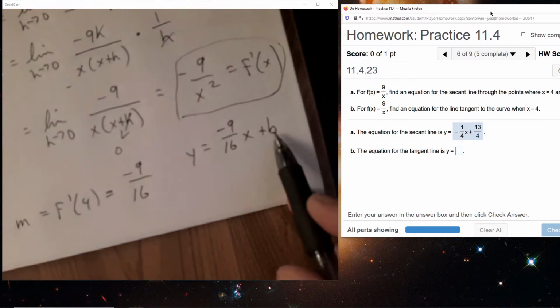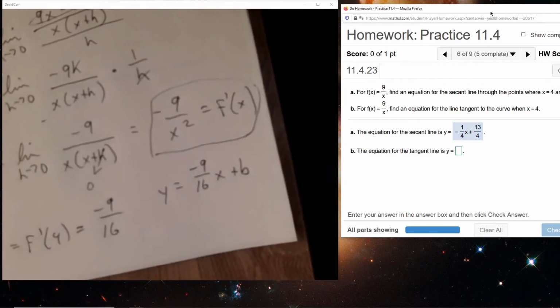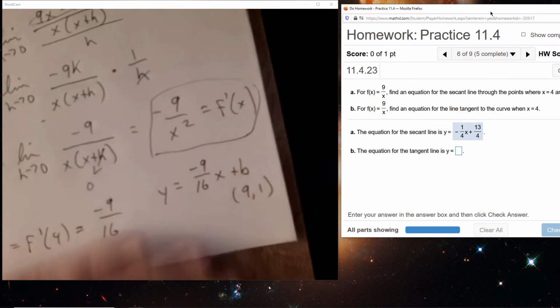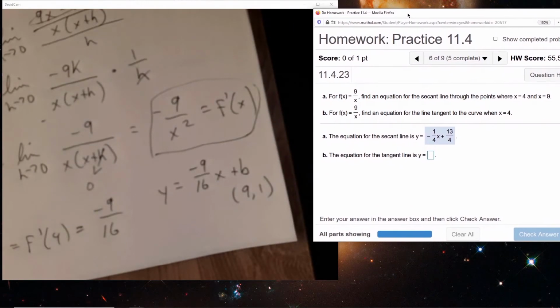Now to figure out B, we'll use the ordered pair. The ordered pair I used the last time was 9, 1. And I can't do that anymore because 9 is not part of the tangent.